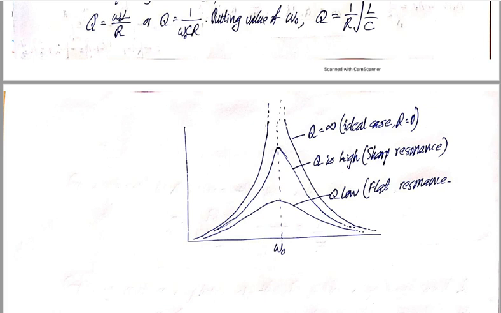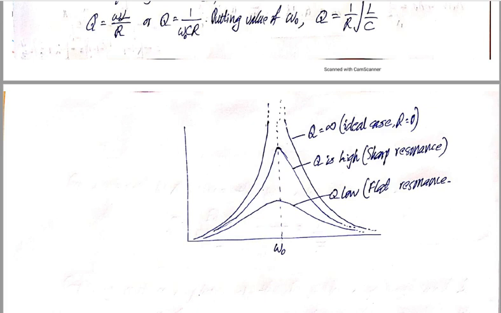If the quality factor is very high, it means that R is very low and the peak value of current will be very high at resonance. So the second graph represents the sharp resonance. And if the quality factor is very low, then it will be a flat resonance, with no pronounced hump in the graph.